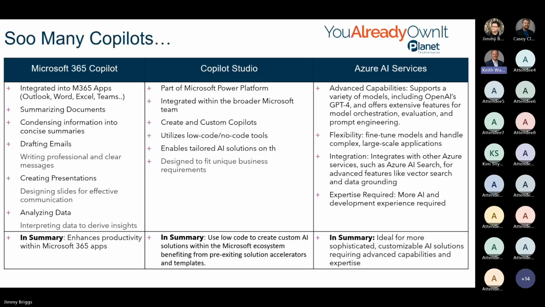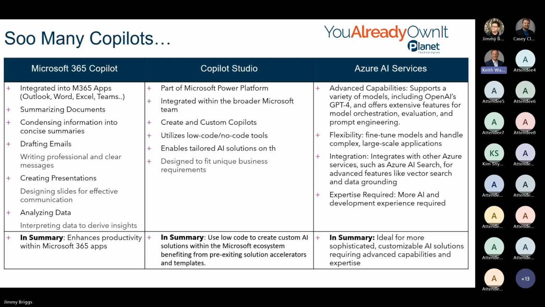Before we get into this too deep, I want to take a minute, and sorry for the eye chart here, but I've been working with a number of customers over the past several months and wanted to keep iterating on where things fit. There's a lot of Copilots out there. You've got Copilot nomenclature across the Microsoft platform, so I wanted to take just a moment to help folks understand that.